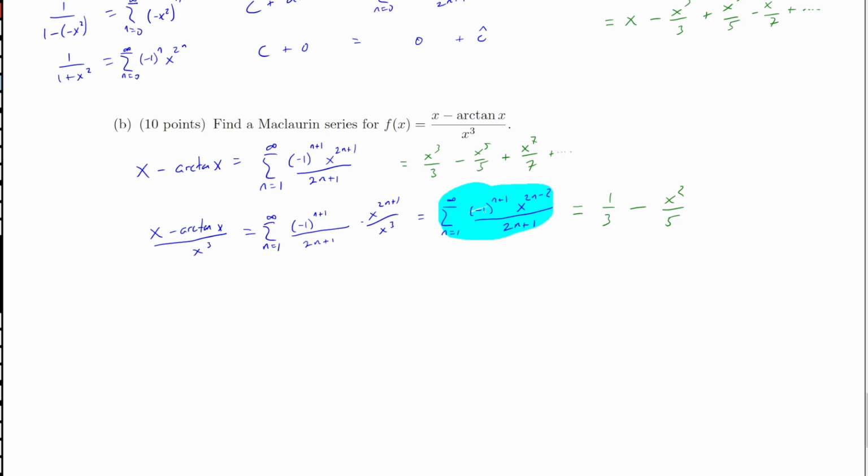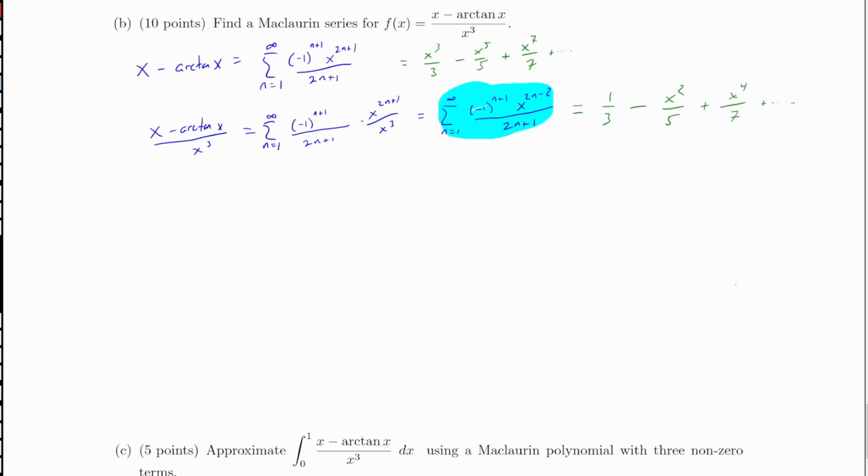When n is 3, 3 plus 1 is 4, that's an even power, so I'll get a positive term. 6 minus 2 is 4, x to the 4th, over 6 plus 1, which is 7. Okay, so that's the first 3 terms of my series.